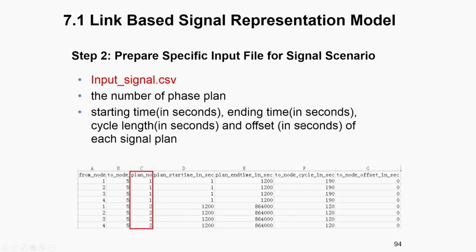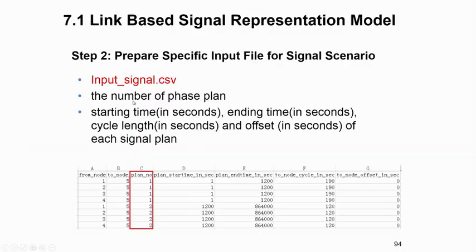Okay, so in order to facilitate a very quick analysis, not providing all the detailed phasing information, you can use this input signal.csv. In this input signal.csv file, you can specify the phase plan number here, for example 1 and 2 corresponding to different phase plans, and also you can provide the starting time in seconds, ending time in seconds for the different phase plans, and then you can provide the to-node, cycle time, the to-node for this example, because input signal is a link-based input signal representation.